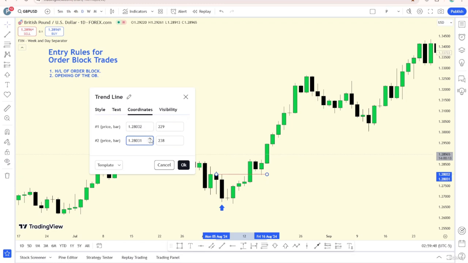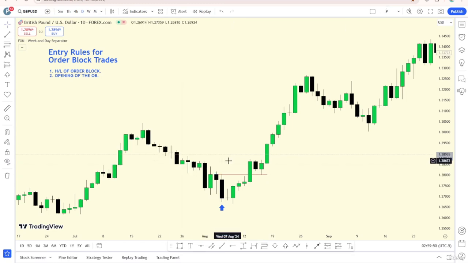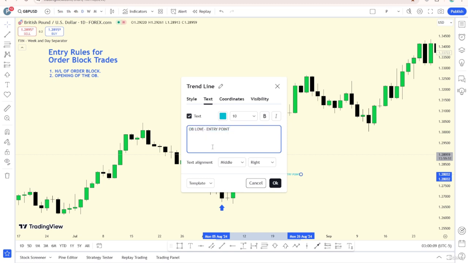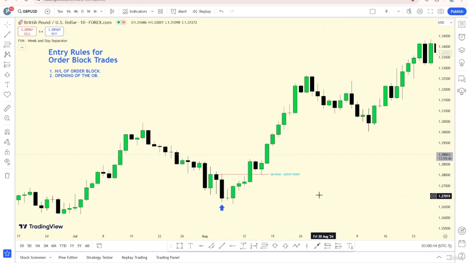That is the high of the candle, and this is the order block high entry point. You can see in this example we just hit the high, the order block high, which is the high of that candle. You can see we hit that high to the point and then the market reversed.